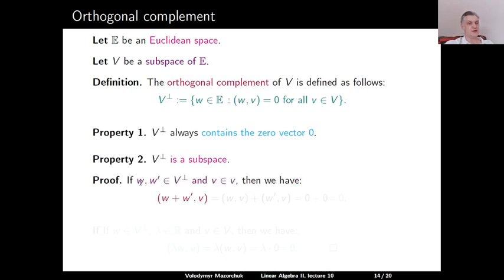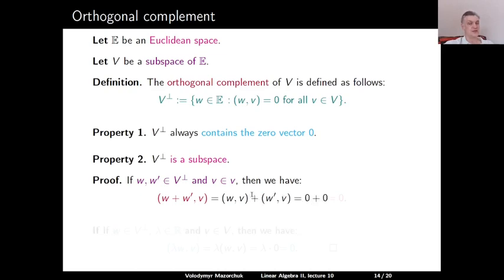If we have two vectors w and w prime in the orthogonal complement, and we have any vector v in the original space capital V, then the scalar product between the sum of w and w prime with v, using the bilinearity of the scalar product, is equal to the sum of the scalar product between w and v and the scalar product between w prime and v.